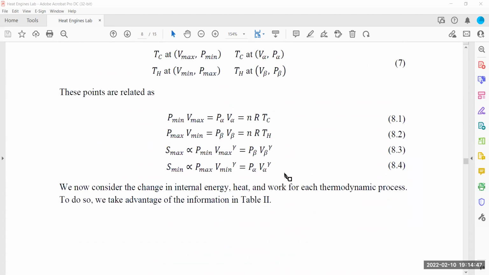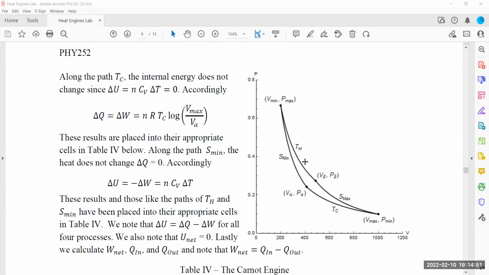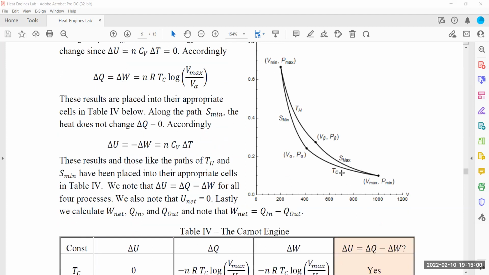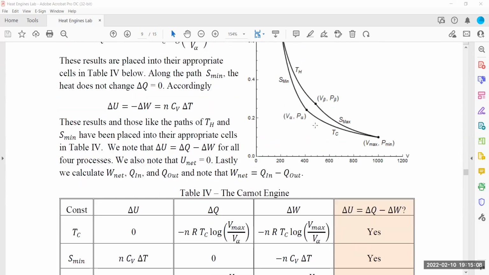And now here, the Carnot cycle, we did that last time. This is the Carnot cycle. You have an isothermal, an adiabatic, an isentropic, in other words. Okay, the entropy doesn't change. And we did the calculation. We found what the efficiency of the engine is. We have TC, we have TH.